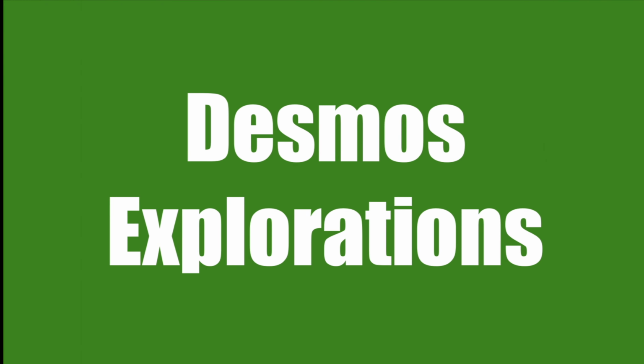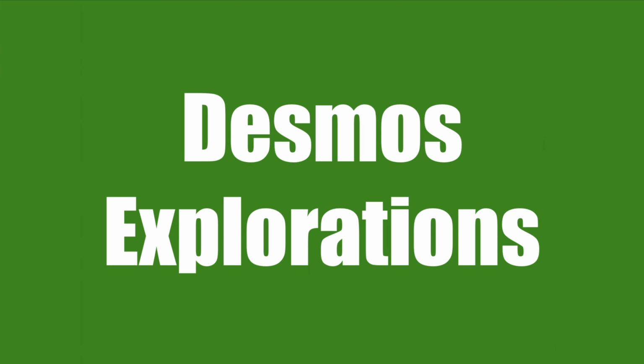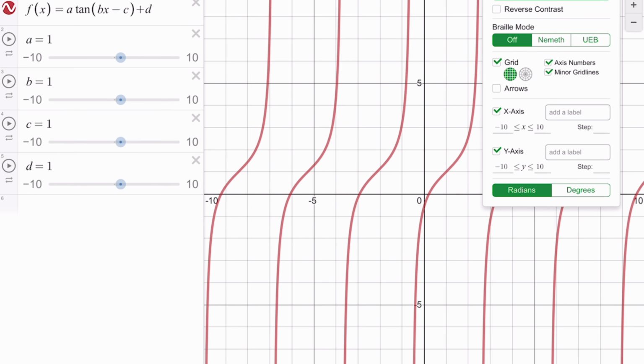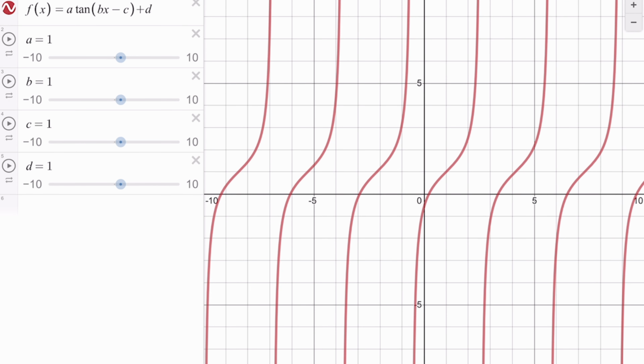So let's move into a Desmos exploration so we can quickly see how those things change our graph. Okay, so here we are in Desmos, right? Let me switch this to projector mode here so it's just a little bit bigger. You can see how this tangent function is periodic, right? It is constantly repeating itself.